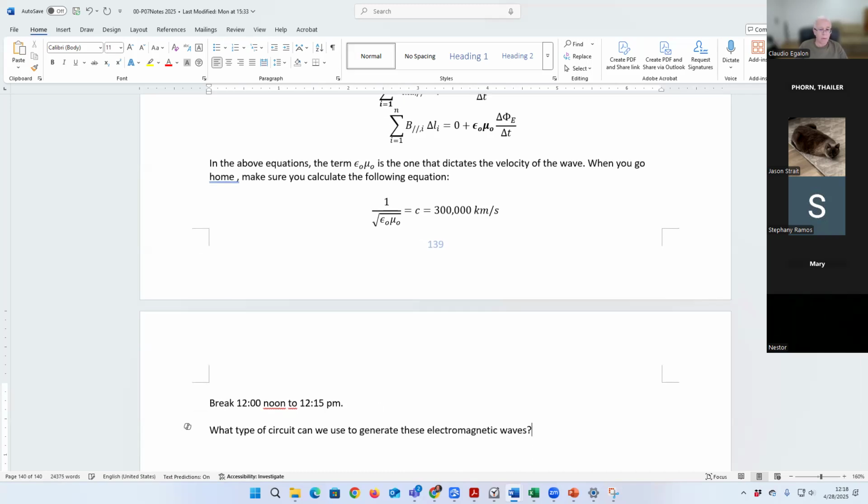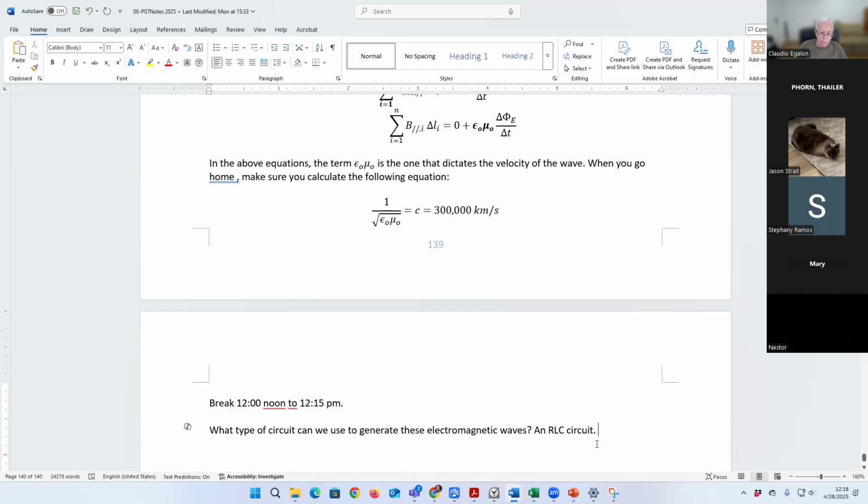Okay, simple. It's an RLC circuit. I didn't mention that. We must have a generator. That loop that you saw there is just a generator with a resistor, an inductor, and a capacitor.